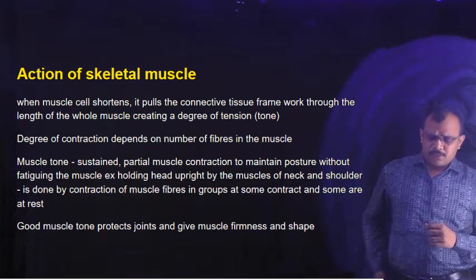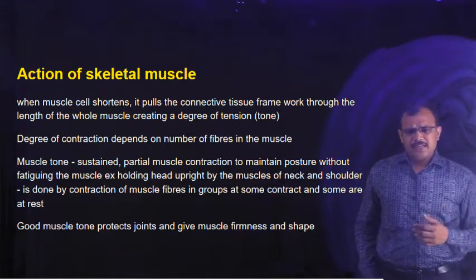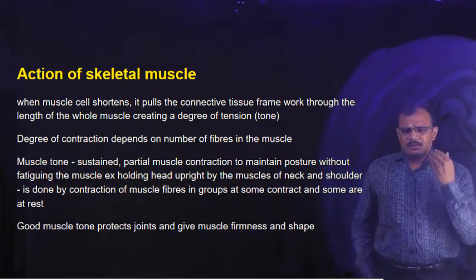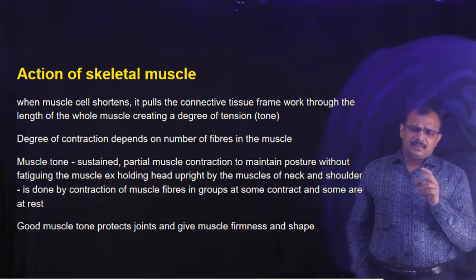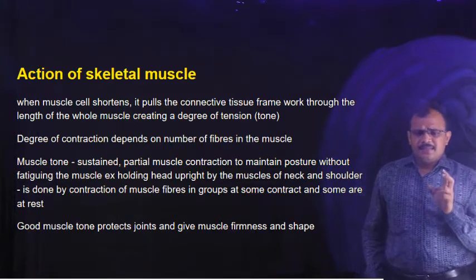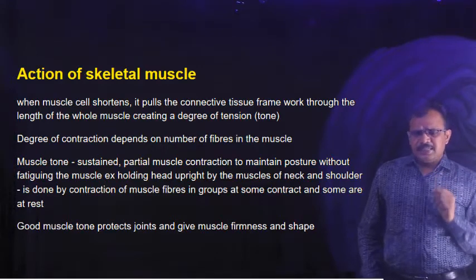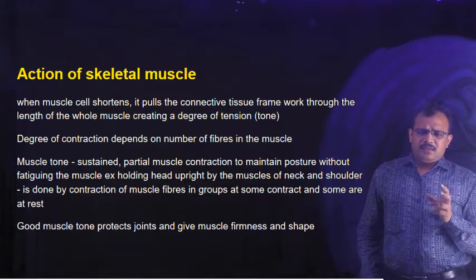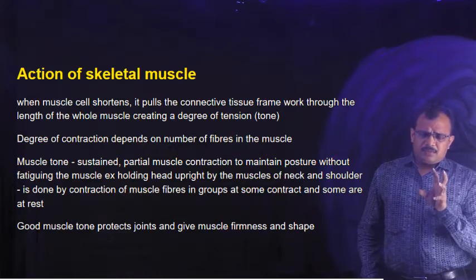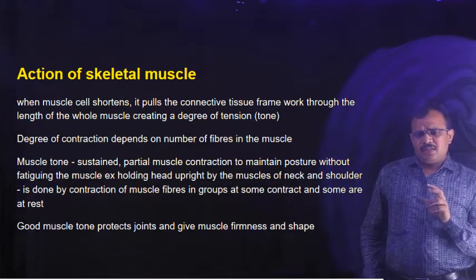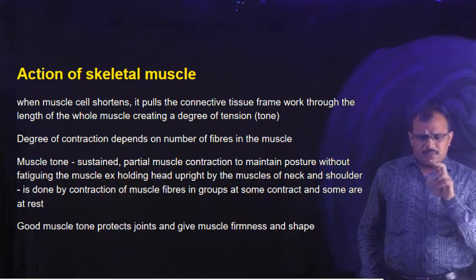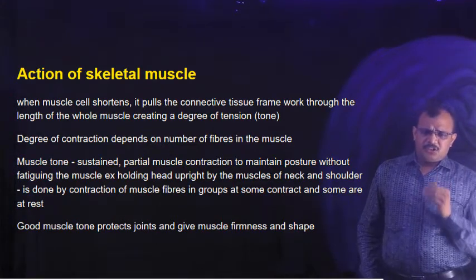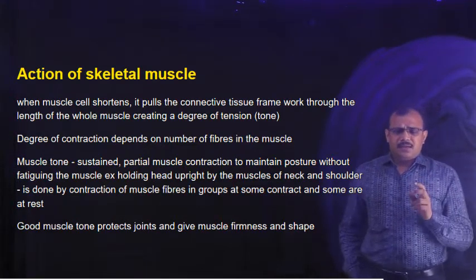For example, we are standing and our head is kept straight, and the head is kept straight by various muscles present in the neck. In this way, the muscles supplied to the neck are involved in regulating the contraction of those particular muscles to keep the head straight, and these work alternately.